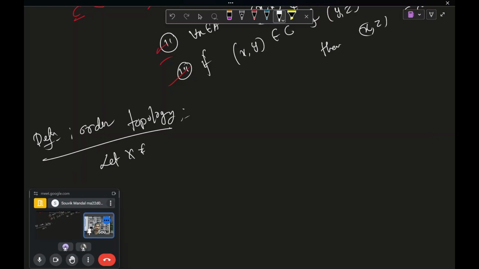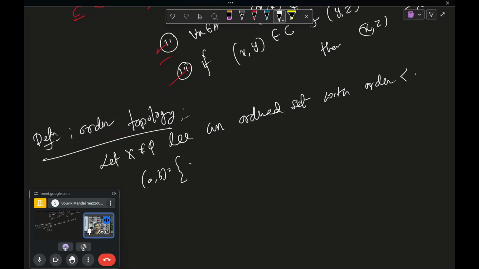Let X be a non-empty ordered set with order less than star. Then we can define the following four things in any ordered set.